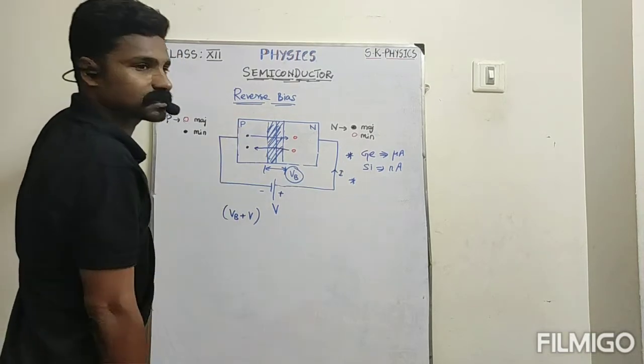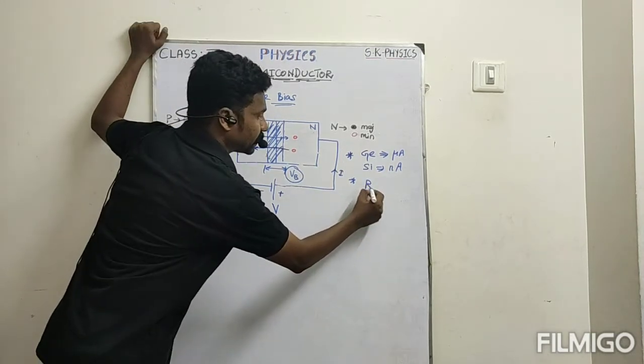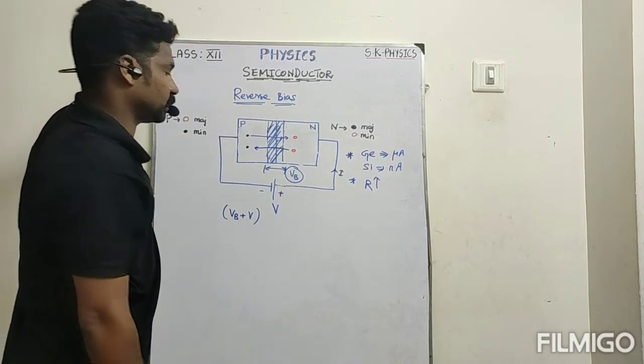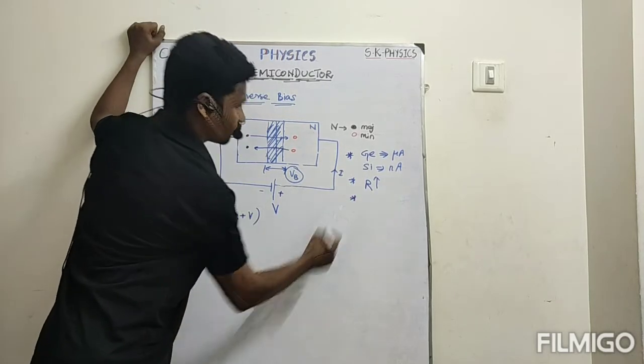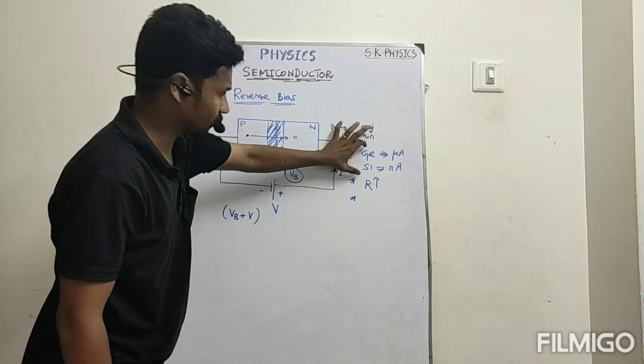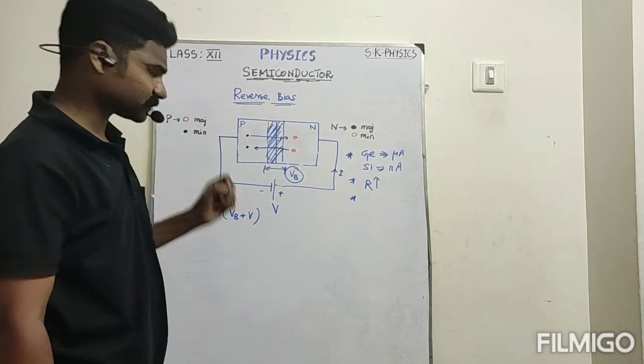Then the next one, we can say about its resistance. Generally in the reverse bias, it offers a higher resistance value in the circuit. Then the next one, about this current. It is due only to the minority charge carriers.